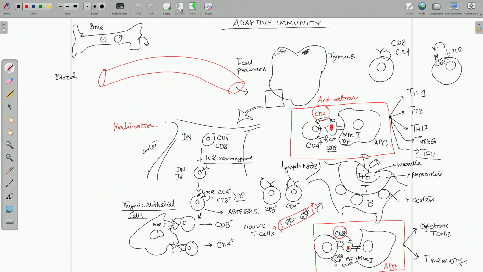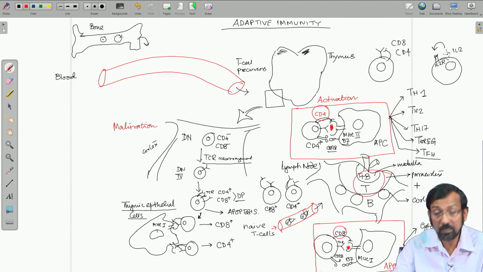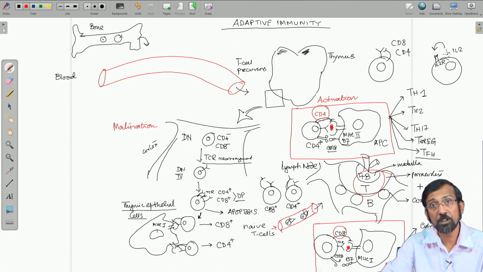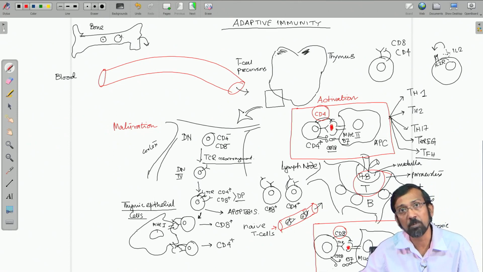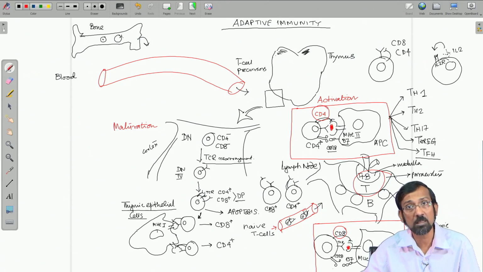If we look at the picture from the last lecture, we described the T cell mediated immunity, primarily in the lymph node. We discussed how the T cells get activated in the paracortex and then differentiate into different types of T cells, among which a very important class is the T helper cells, the CD4 plus T cells.